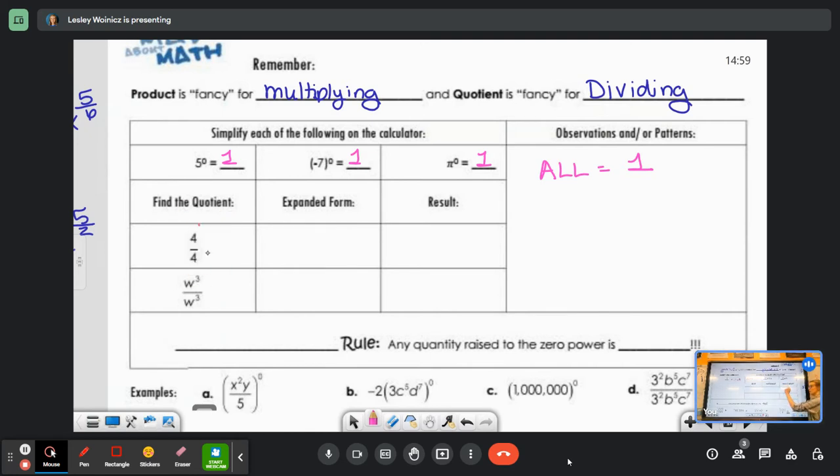So this is 4 to the first and 4 to the first. So that would be 4 to the 1 minus 1 power, which is 4 to the 0. What do we know that 4 over 4 is? 1.